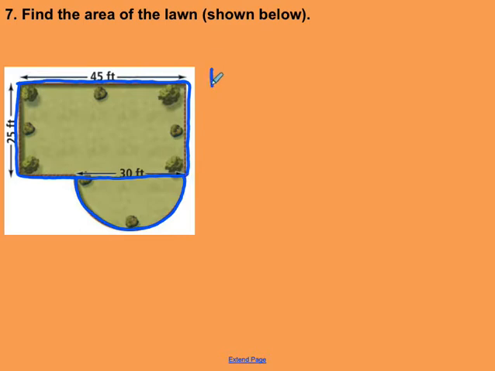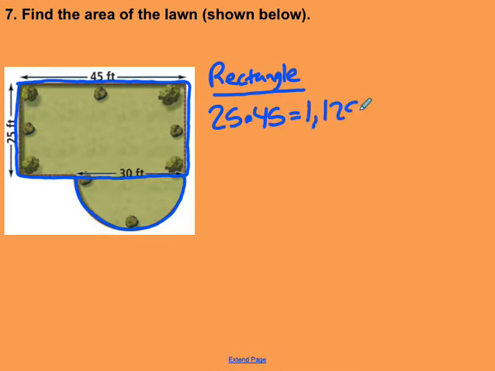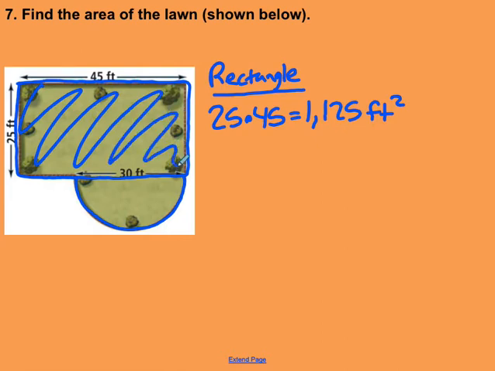Starting with the rectangle, I'm going to do 25 times 45. This will give me 1,125 feet squared for the area of the rectangle. So all that's taken care of.